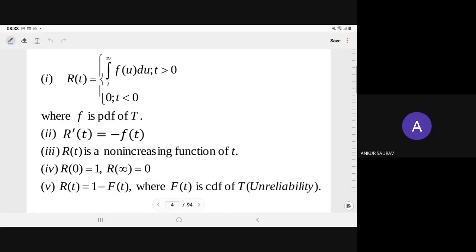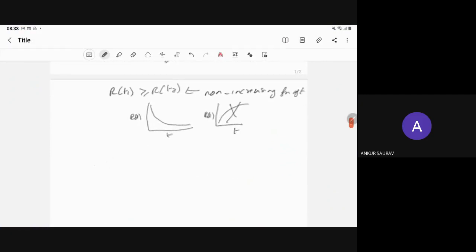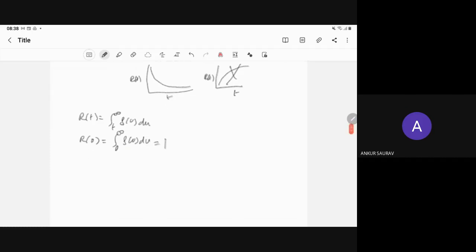Then after, fourth is R(0) is equal to 1 and R(infinity) is equal to 0. So we know that R(t) is the integral from t to infinity of f(u) du. If you have to compute R(0), it becomes the integral from 0 to infinity of f(u) du, which means the complete time for the failure, so its integration will give you 1.